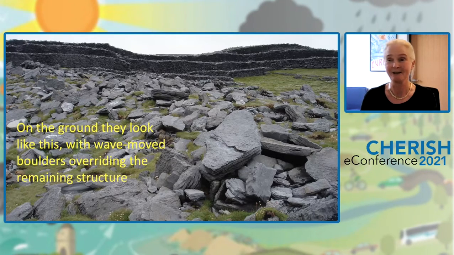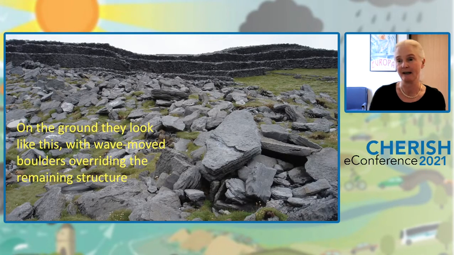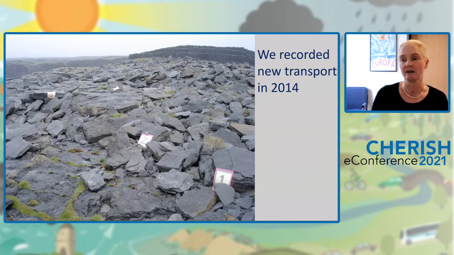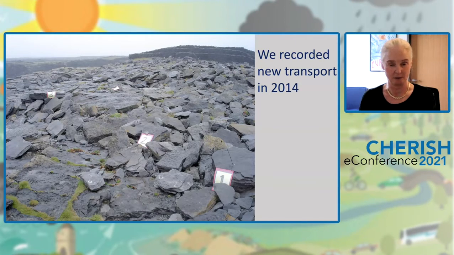But I went out there after she told me about it, and yes, I believe they are actually there. But they have been heavily modified, and they are in the process of being eradicated by these boulders, which are still on the move. We measured these boulders that are flagged here, moved again during those storms.